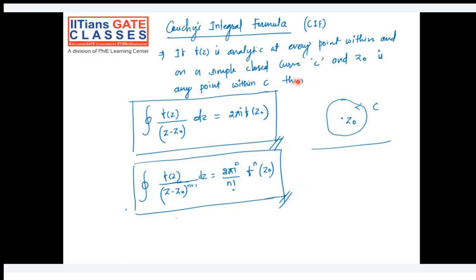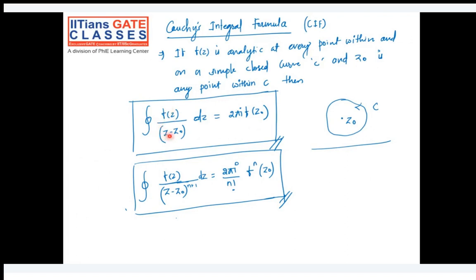It is not just the integration over closed curve C of f of z dz. We are dividing f of z by z minus z naught. So if you assume this entire function as, let's say, g of z, then g of z has a singularity at z naught. f of z is not singular. f of z is analytical everywhere within the simple closed curve C, and z naught is any point within C. But the function is f of z divided by z minus z naught.